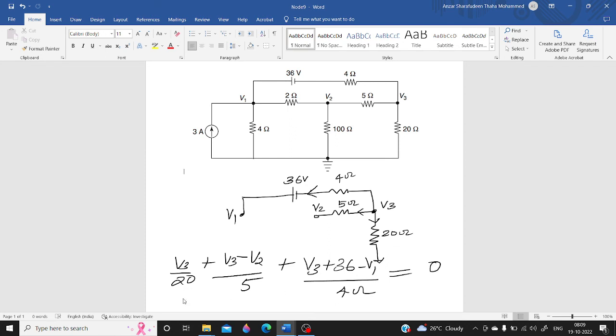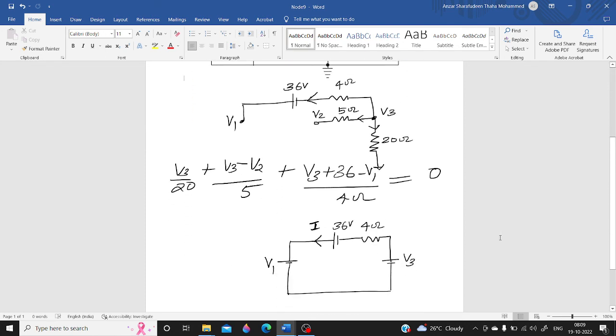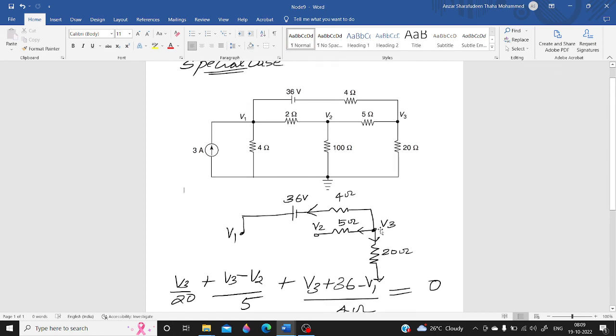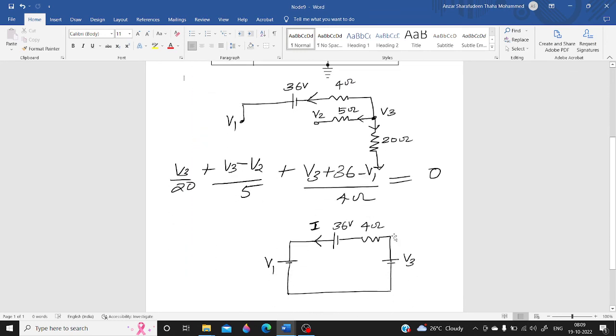The algebraic sum of currents at a point is equal to 0. If you have any doubt in solving this branch, V3, 36 volt and V1, I have redrawn it like this. Now you apply KVL in this branch, starting from this point in this direction: V3 minus 4 into I plus 36 minus V1 is equal to 0.